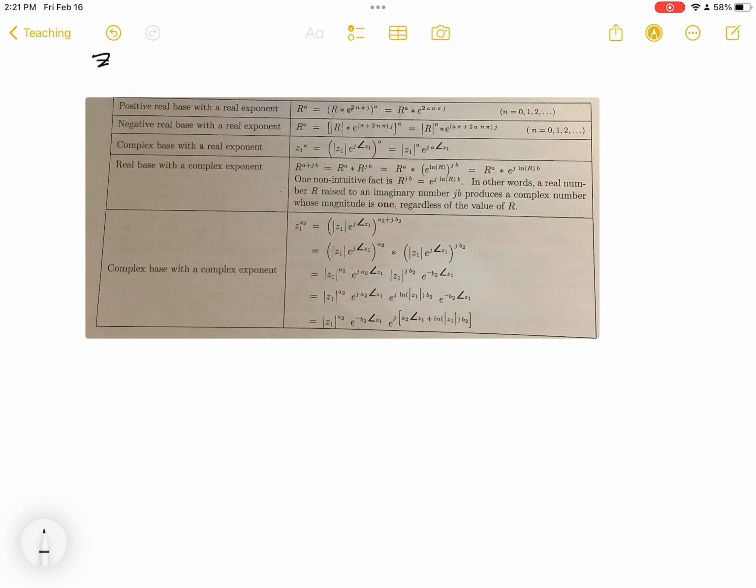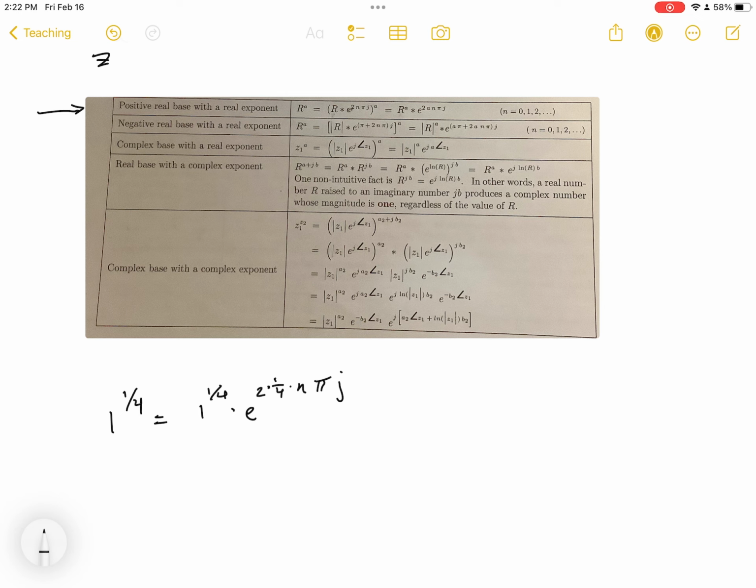The example given in the book is 1 to the 1/4 power. That's a positive real base with a real exponent, so r is 1 and a is 1/4. So that equals 1 to the 1/4, which is 1, times e to the a times some constant, n times pi, j.